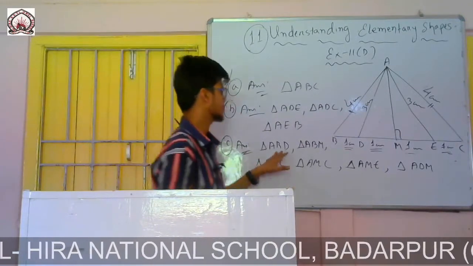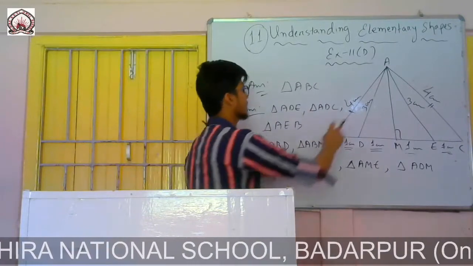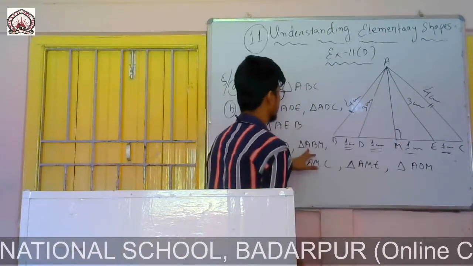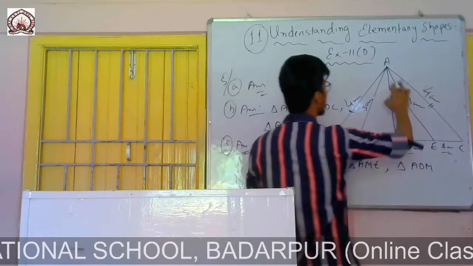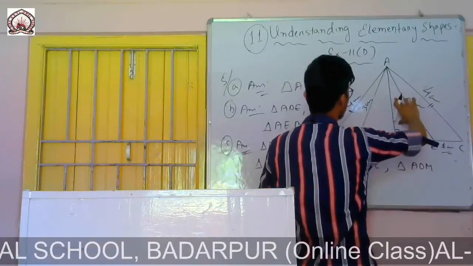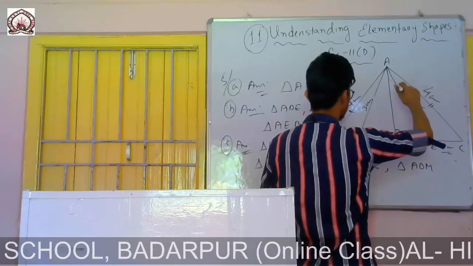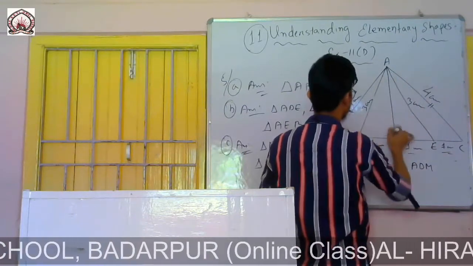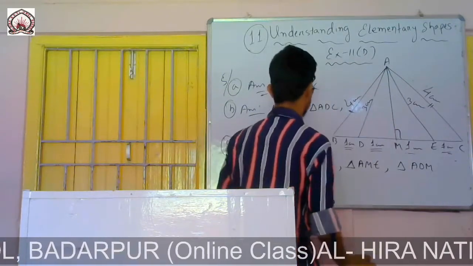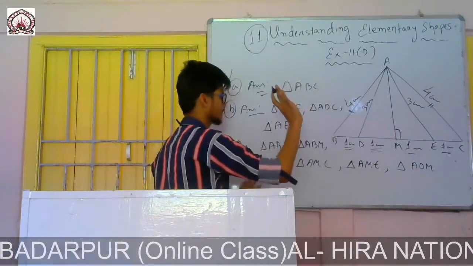That means all the three sides are unequal. Triangle ABD is 1 centimeter, 3 centimeter, 4 centimeter, three sides unequal. Triangle ABM: this side 2 centimeter, this side 4 centimeter, and this side we don't know, but it will be less than 3 or something. So it is also a scalene triangle.